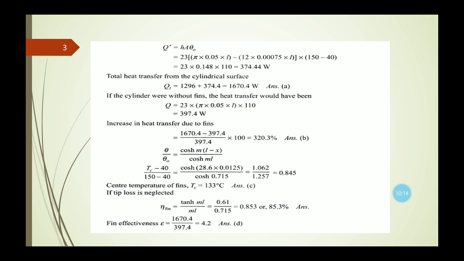So what are these things? This is Q_T divided by Q. So the fin effectiveness we are getting is 4.2 here. So this is the procedure by which we have calculated all the 4 different parts of this numerical. So all the formulas related to this fin we have applied here in this numerical.